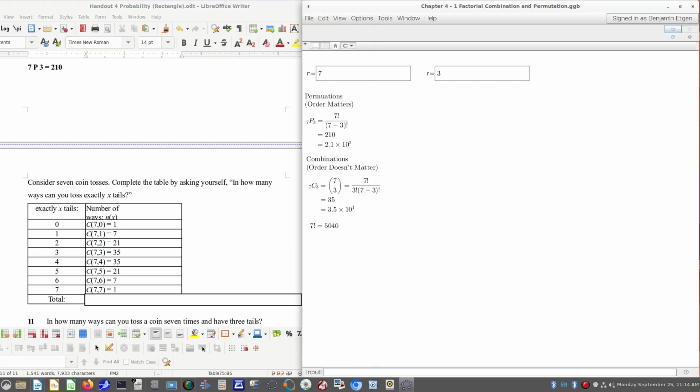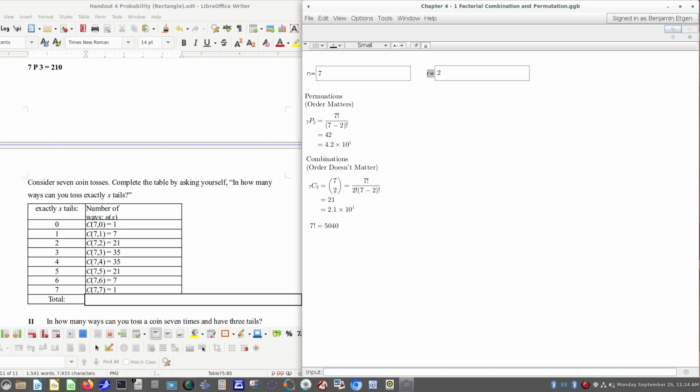Among 7 tosses, clearly there's only one way that we get 0 tails, and now moving on to 1, there's 7 ways, and for 2, there are 21 ways. Remember, we're looking at combinations here. The order among those 2 tails doesn't matter.